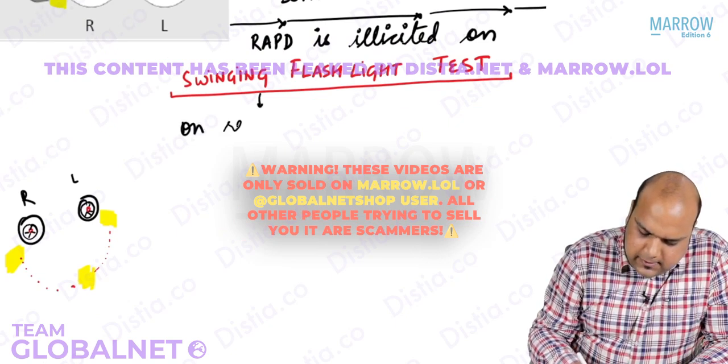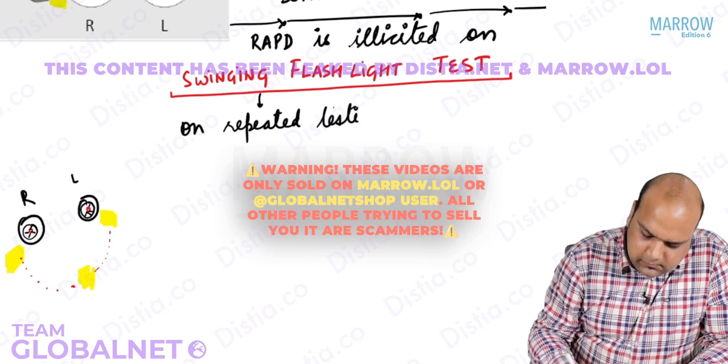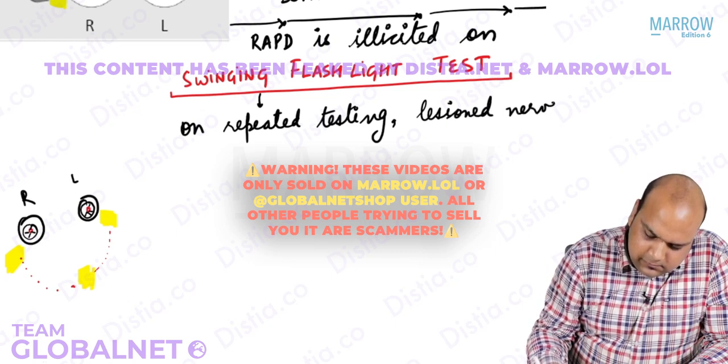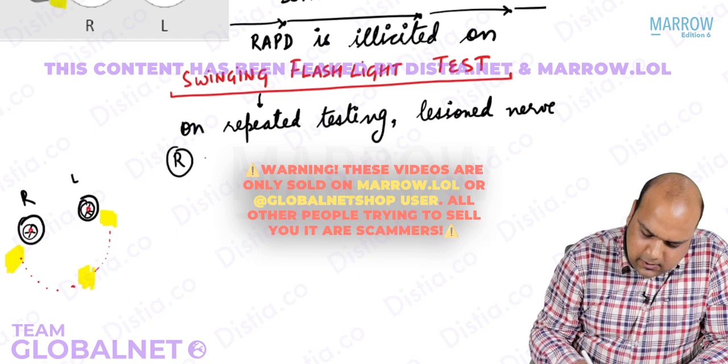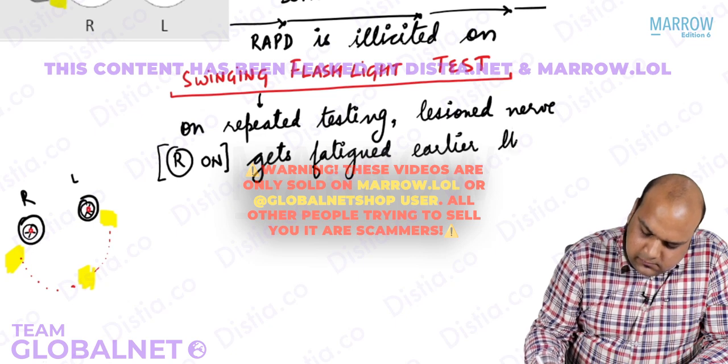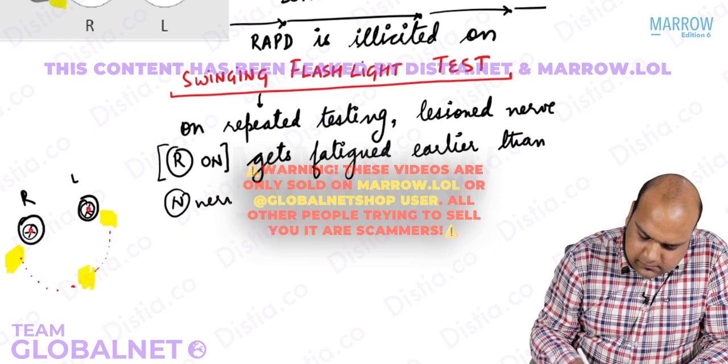On repeated testing, lesioned nerve, in this case the right optic nerve, gets fatigued earlier than normal nerve, that is the left optic nerve.